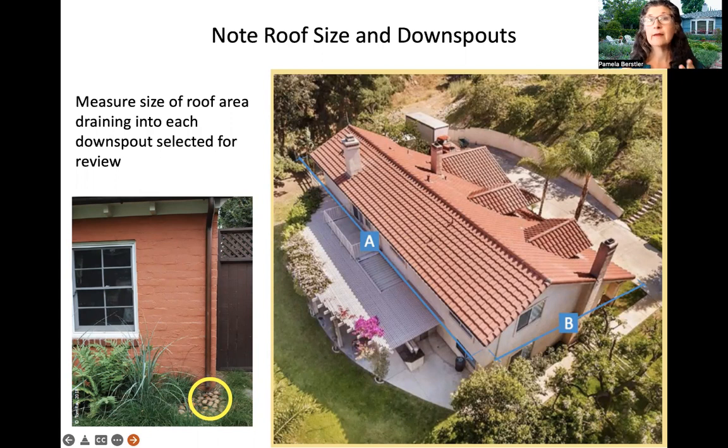So you want to go ahead and measure that. And in looking at it, are there any downspouts or is it just a sheet flowing onto the ground? If there are downspouts, how much of the roof area is actually flowing into each of the downspouts? Because that will make a difference in how you recommend your rainwater capture suggestions.